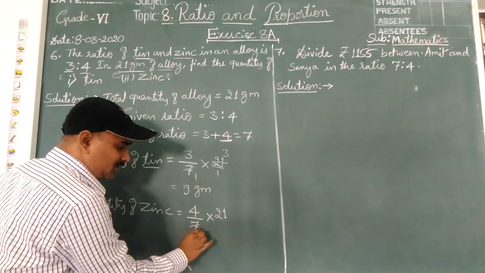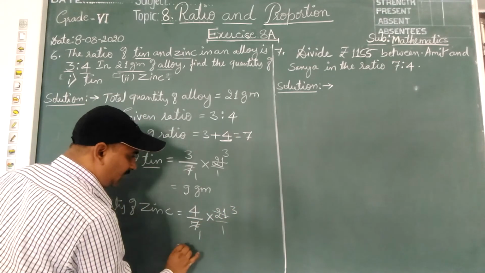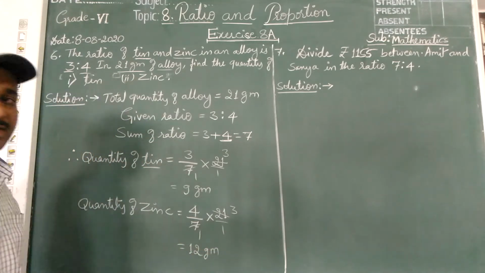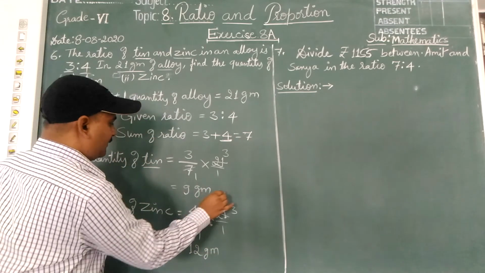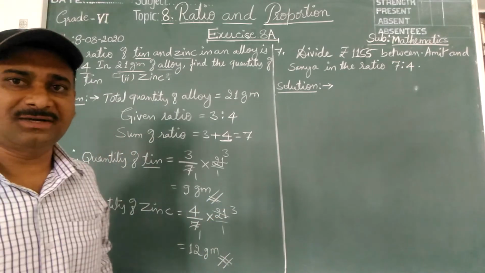So 7 ones are 7, 7 3s are 21, 4 3s are 12 grams. So quantity of tin is 9 grams, quantity of zinc is 12 grams.